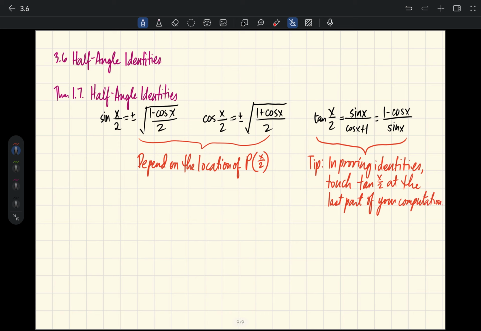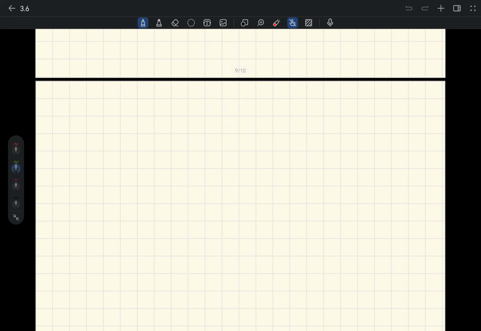So let's proceed with our examples. We don't really have that much, but for the first one, we'll just answer some questions. Let's find sine of x over 2, cosine of x over 2, and tangent of x over 2 given the following.